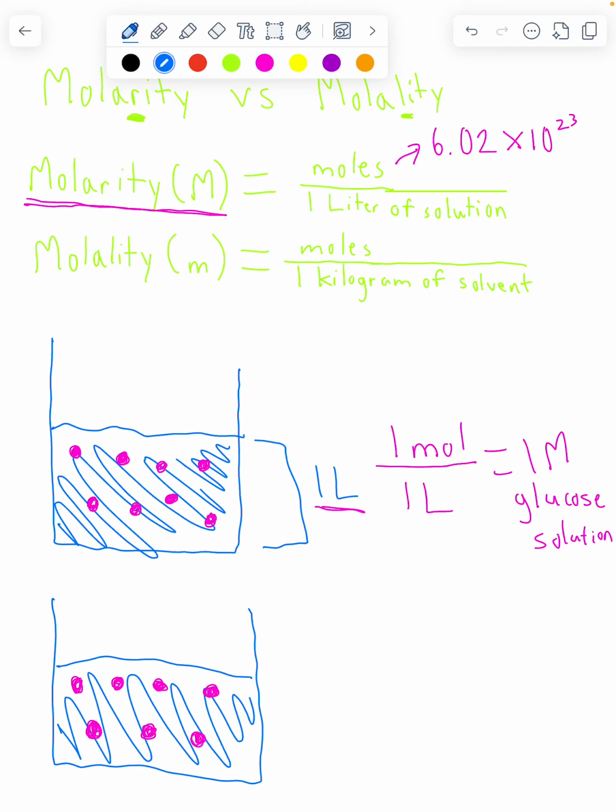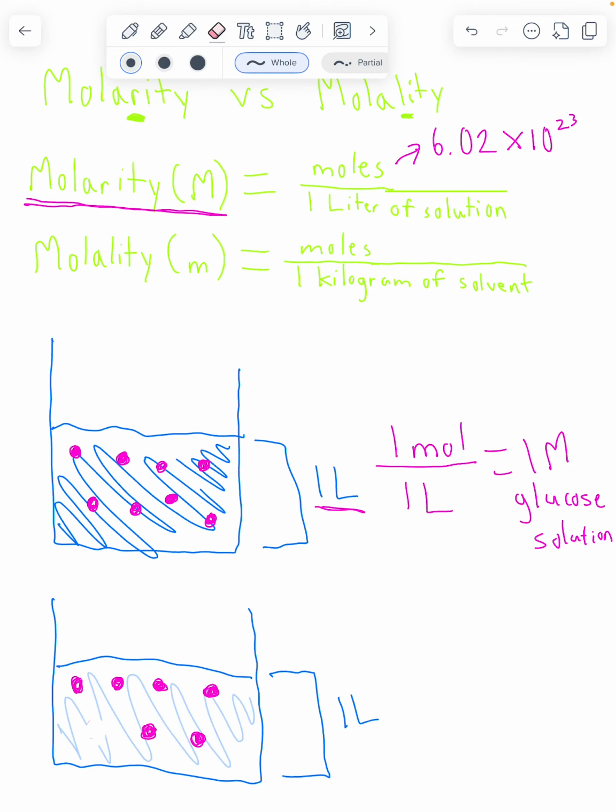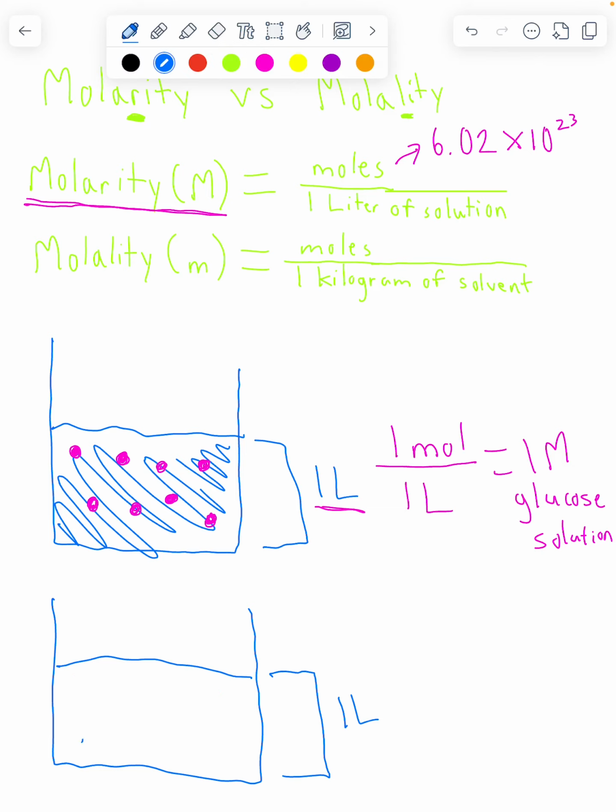And for everybody's sake, I am not going to draw that many. Okay, so here is the 1 liter. Now, let's pretend I take out all of these molecules, okay? So I'm going to go ahead and erase all of those molecules, and they are now gone. And I'm going to refill this in with water here.